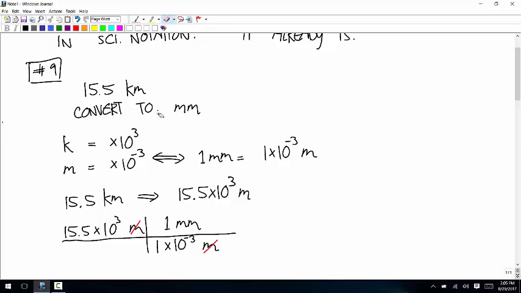We get 15.5 times 10 to the 3rd divided by 10 to the negative 3rd, which is multiplying by another 10 to the 3rd. So this is 15.5 times 10 to the 6th millimeters.